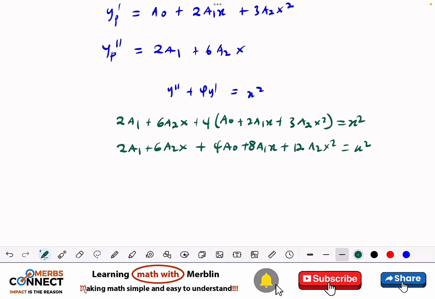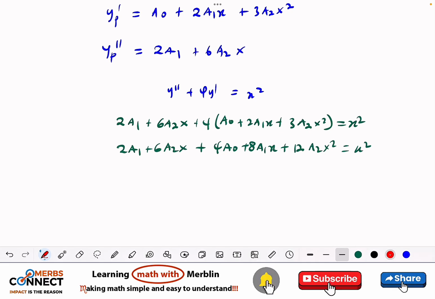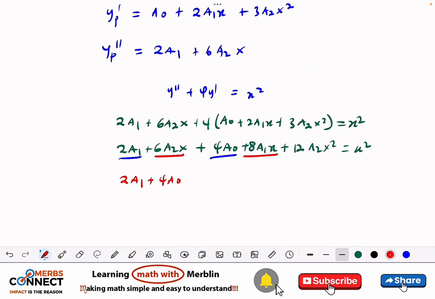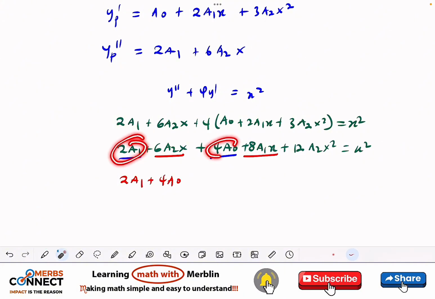So same thing, group like terms. The terms with x is the one with the red, and the terms without x, the constants, are the one with the blue. So the terms with the constant is going to be 2a1 plus 4a0. I cannot add them because this is a1 and this is a0.